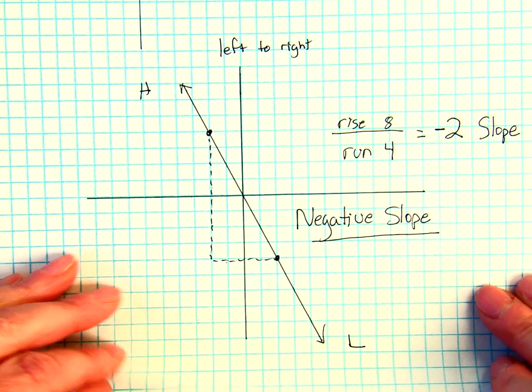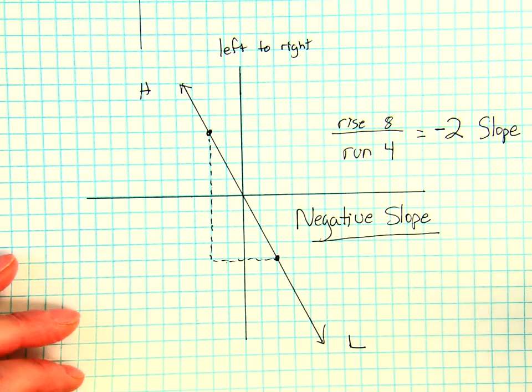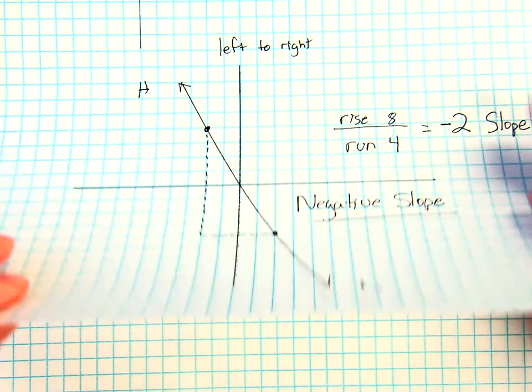So that is one way to look at it. We'll talk about other ways to look at these negative and positive slope lines. But let's look first at when we have points.